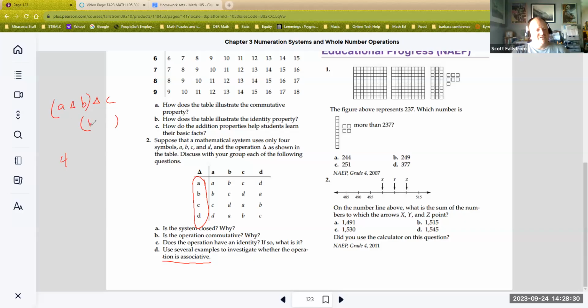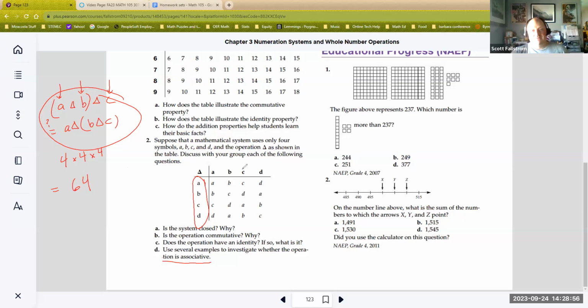We're trying to see if this is the same as this. We're trying to see that, and we don't know. So if you're regrouping, though, you could put any symbol in for each of these boxes. That means there's 4 options first, 4 options second, and 4 options third. That means if you were really checking every little piece here, this would be 64 individual things that look like this you'd have to check.